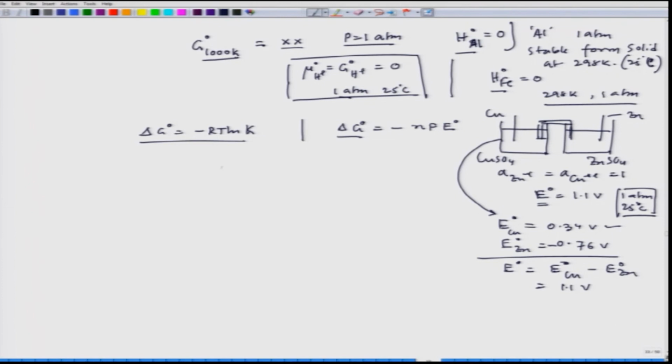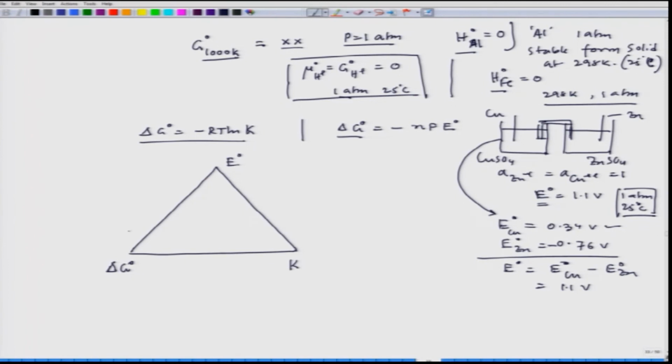So, now I can have a triangle where I put delta G 0 at one corner, K at one corner and E 0 at one corner. So, we are talking about standard conditions.